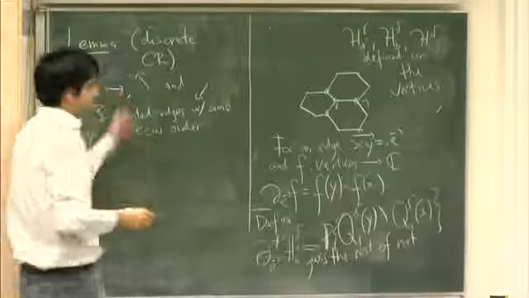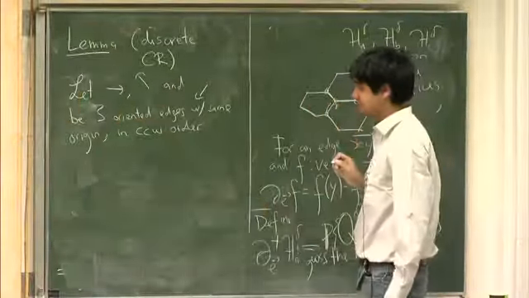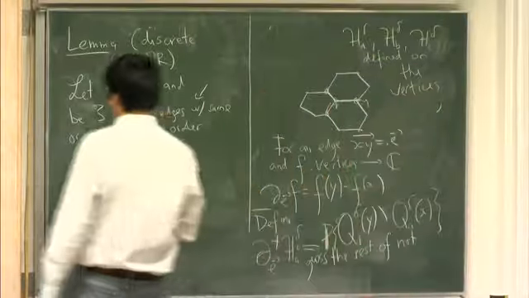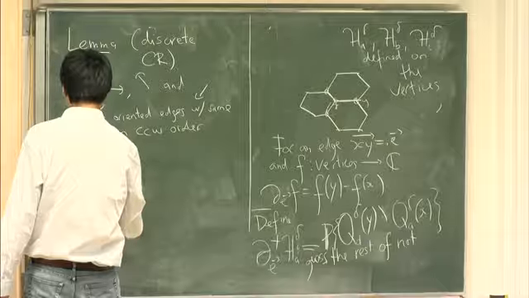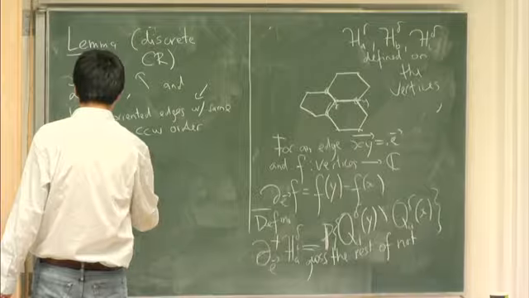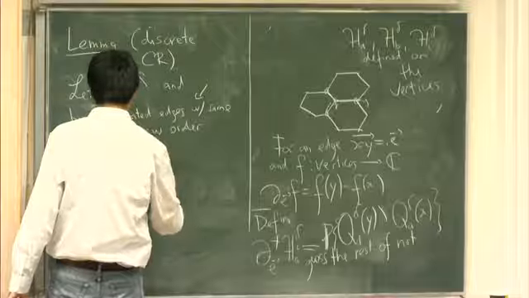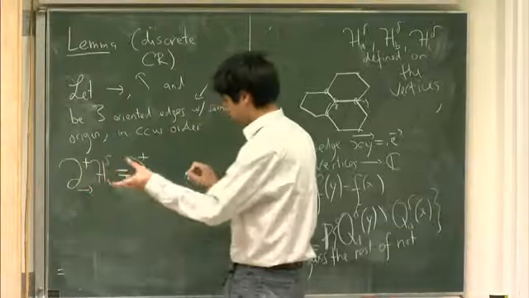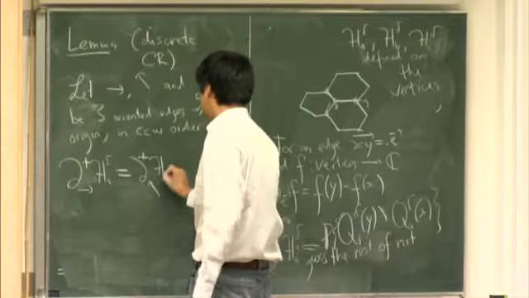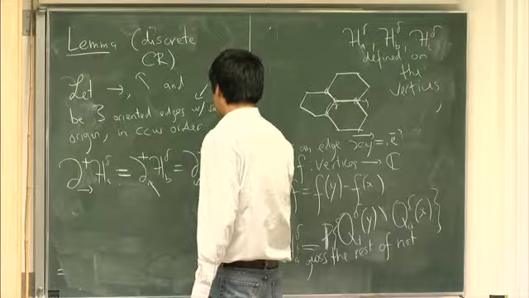The notation is suggestive that this is the first, the second, and the third. So the identity is that del plus of h_a is equal to del plus in the direction rotated by 120 degrees of h_b, and is also equal to this one.